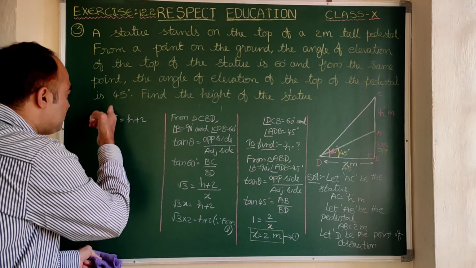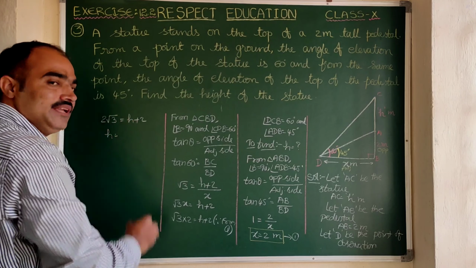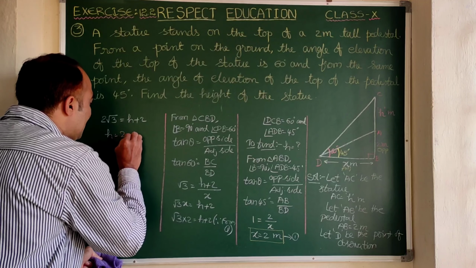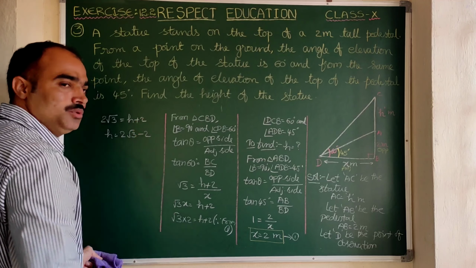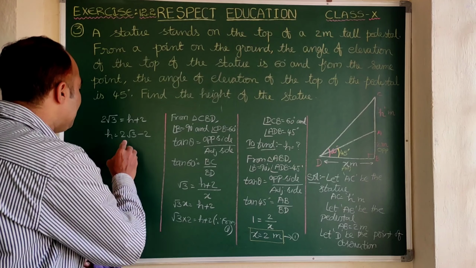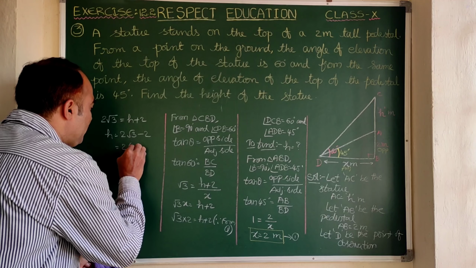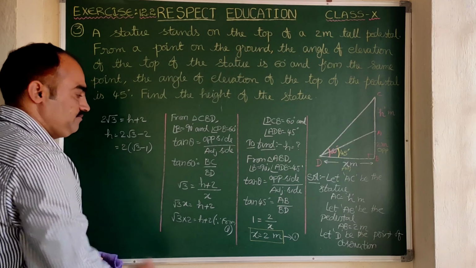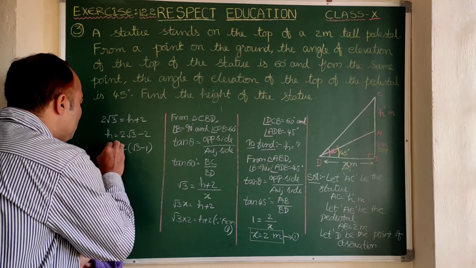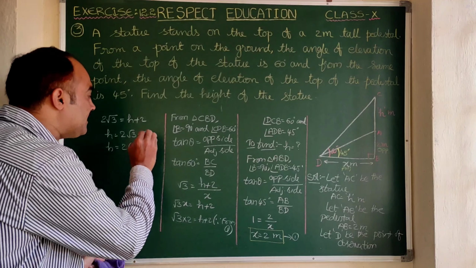Let us send this plus 2 to this side. So h is equal to 2 root 3 minus 2. In fact, we can take 2 common: 2 into root 3 minus 1. So h is equal to 2 into root 3 minus 1 meters.